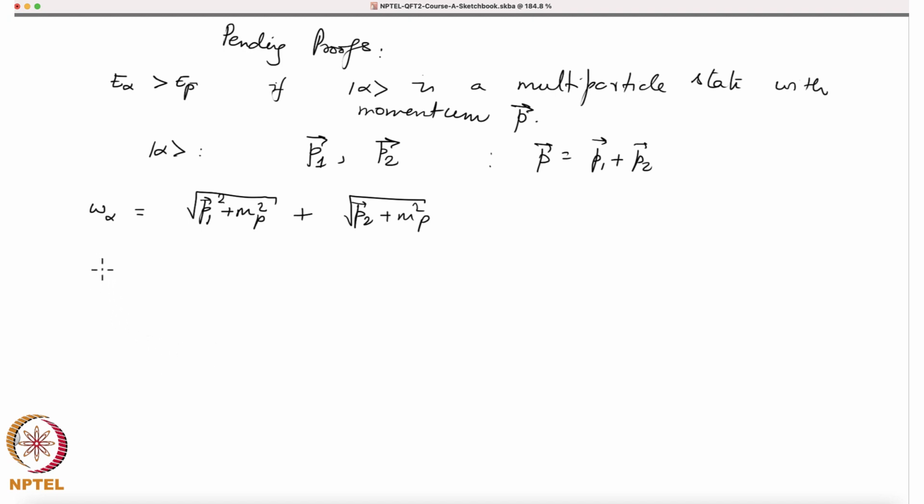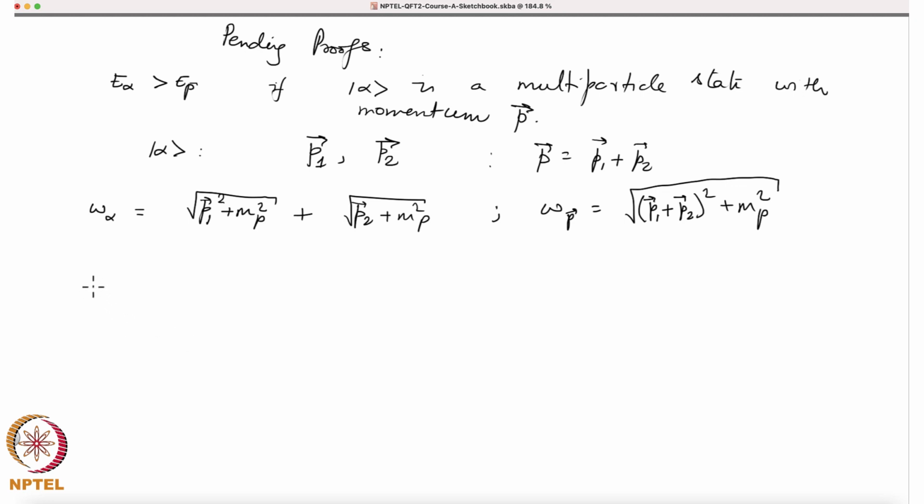And the single particle state with momentum p will have energy the square root of p squared plus m_p squared, but p is the same as p1 plus p2, because both the single particle and multi-particle states have the same momenta. This subscript p is for physical, it is not the momentum.